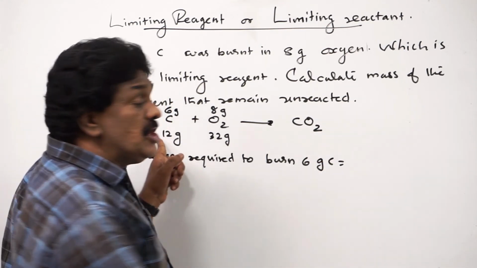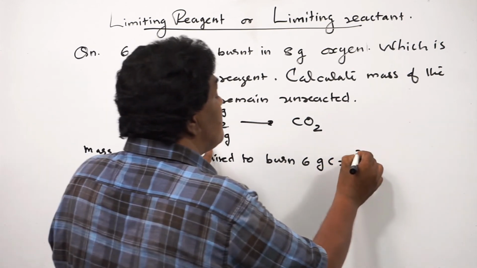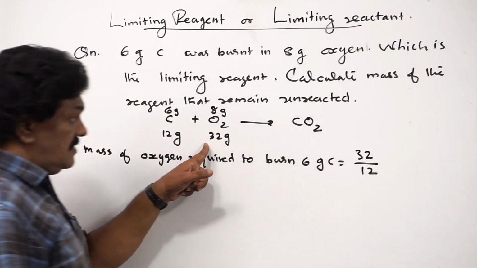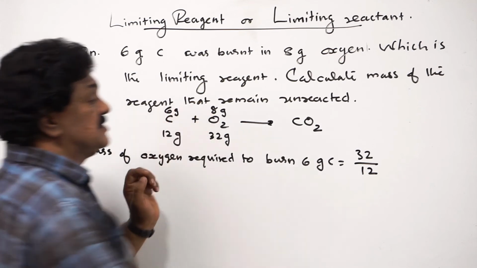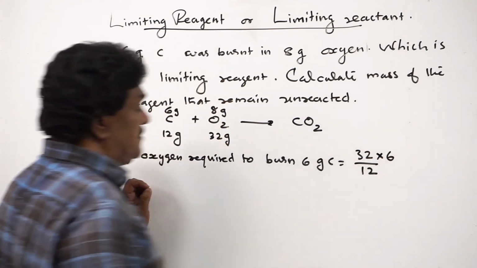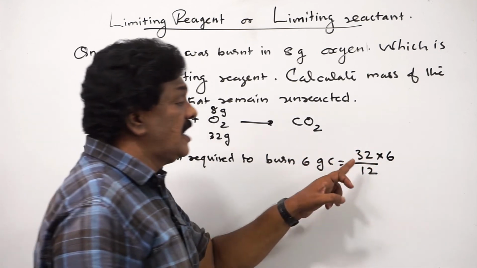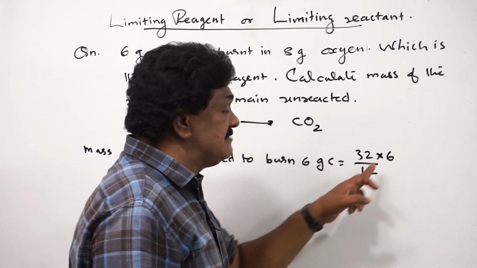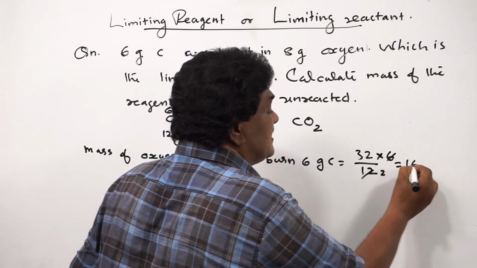According to the equation, 12 gram carbon needs 32 gram oxygen. Therefore, what is the mass of oxygen for 6 gram? For 12 gram, we need 32. So what for 6 gram? Therefore 32 into 6 by 12. That is 16 grams.